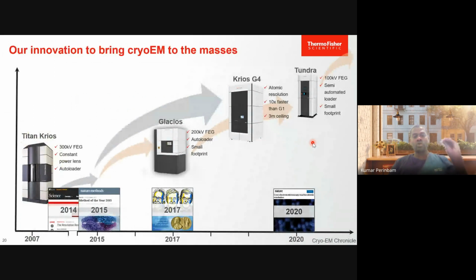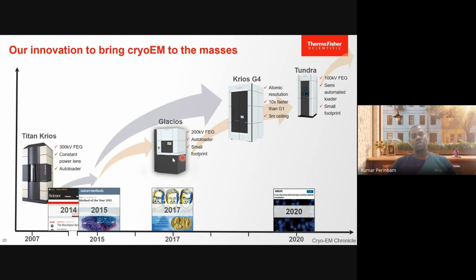So this is the development, or the historical perspective. In 2007, Titan Krios was used. That's a 300 kV field emission gun, which FEG stands for. They had an autoloader, which means you can load the samples by a motorized mechanism. And then in 2017, we also had a 200 kV, which had pretty much similar parts to Titan Krios. The resolution wise it has been a little bit compromised, but usage wise it has become more user friendly.